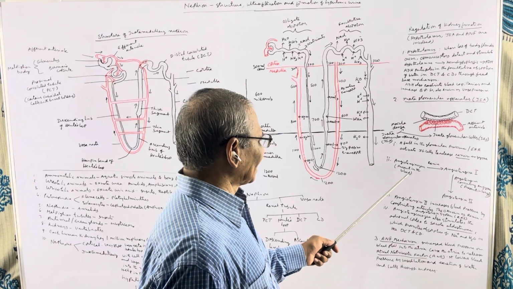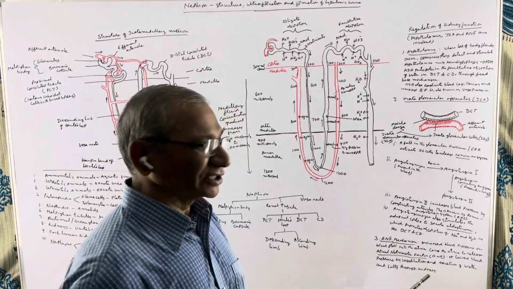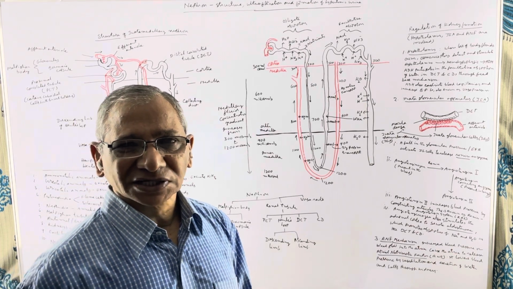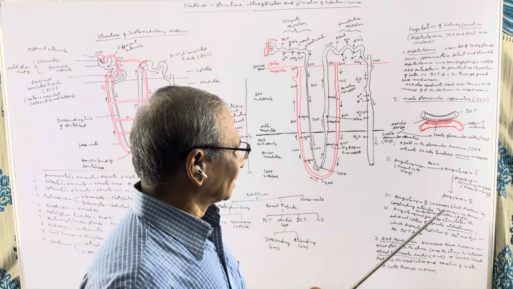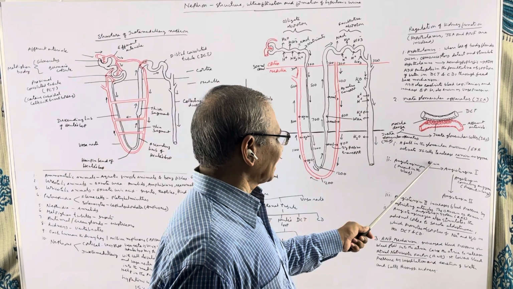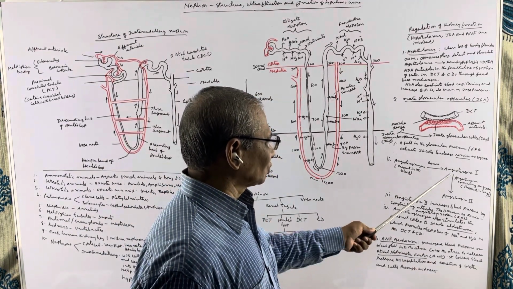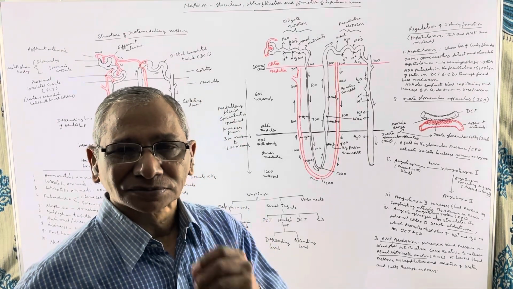In the blood, there is one substance known as angiotensinogen. This renin acts upon the angiotensinogen and converts it into angiotensin 1.